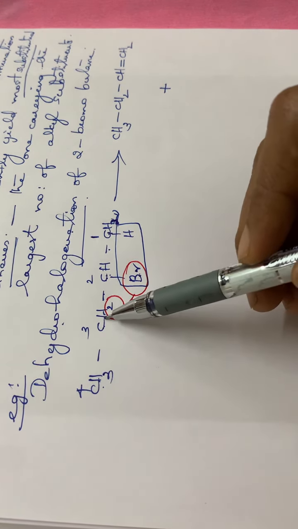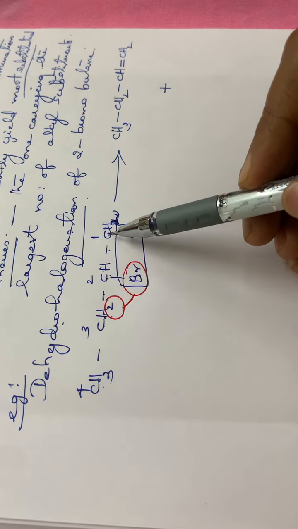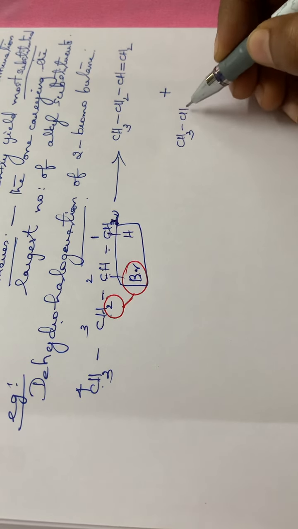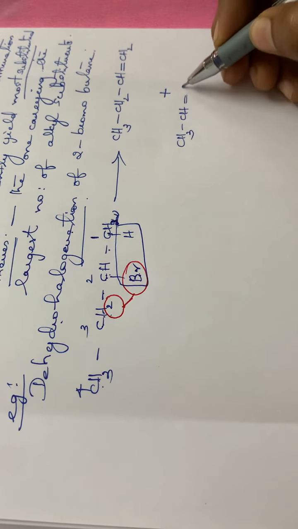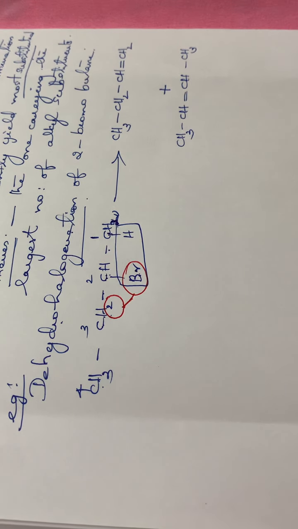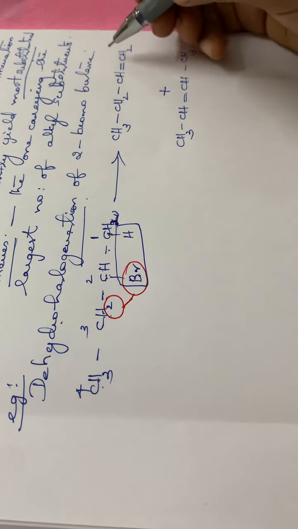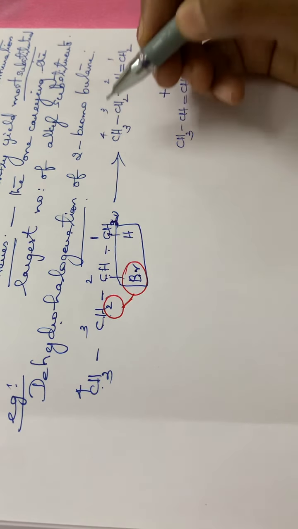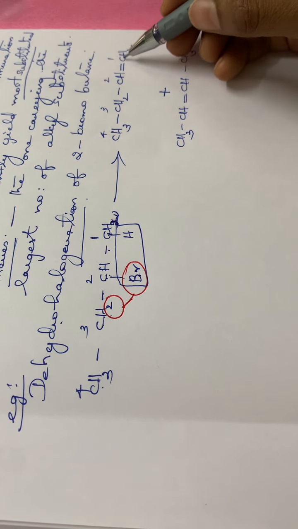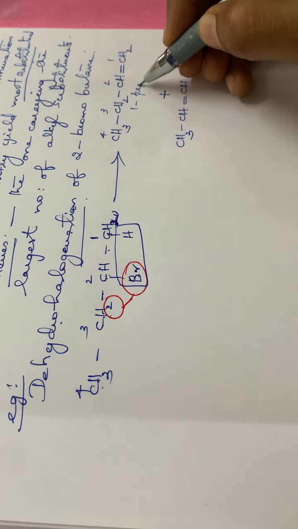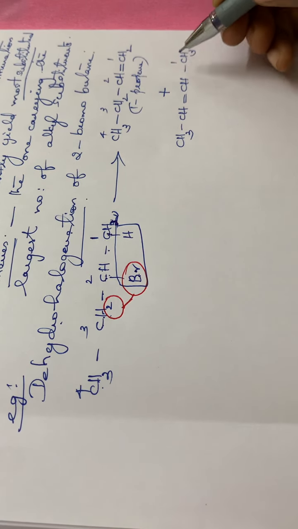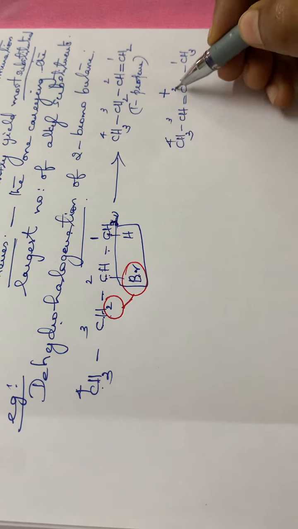It will be CH3 single bond CH double bond CH single bond CH3. Numbering 1, 2, 3, 4, the first compound is 1-butene, with a double bond at the first carbon atom. And the second compound, numbering 1, 2, 3, 4, is 2-butene.